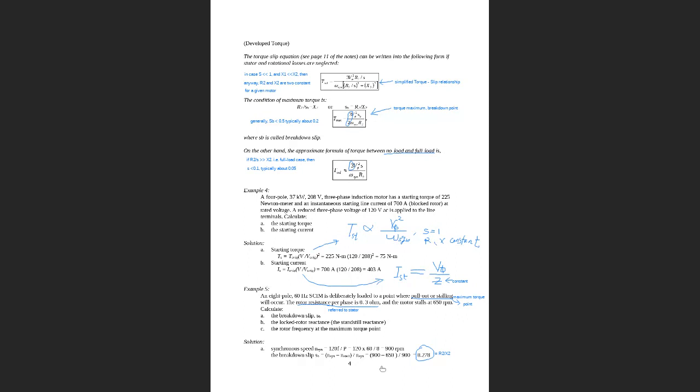The X2 is the locked rotor reactance referred to the stator, which is a constant, as I explained when we were talking about the equivalent circuit. So the locked rotor reactance can be estimated as X2 equals R2 over the breakdown slip, which we calculated in part A: 0.3 over 0.278, which is about 1 ohm.